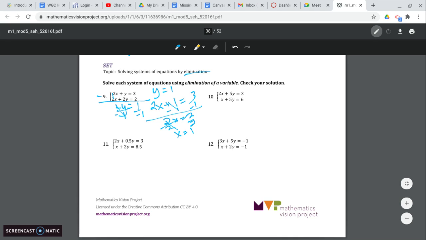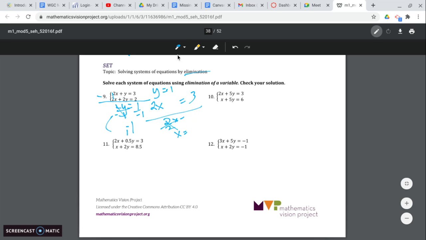So our answer is 1, negative 1. Whoops, actually I did that wrong. Sorry, I wrote the wrong thing down for what y equals. That's my bad. So, not 1. This needs to be a negative 1, which changes what this equals.